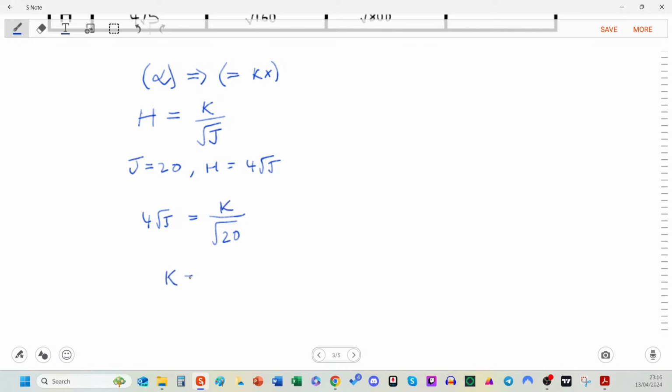So k is equal to root 20 times 4 root 5, which is 16 root 100, which is 160, divided by... Actually, 16 times 5, yep. So k is 40.